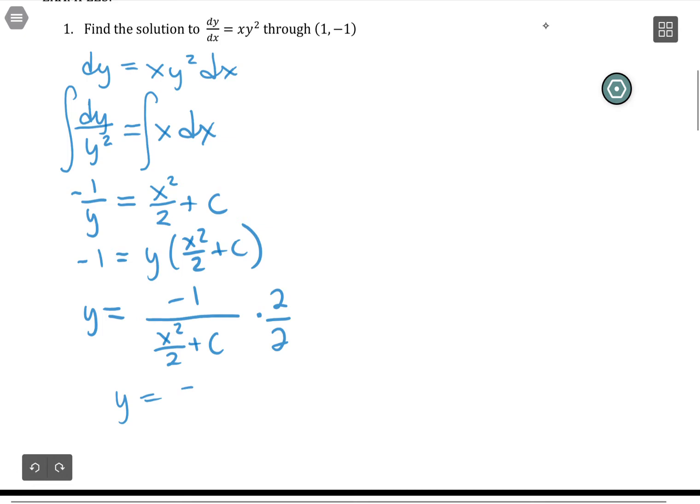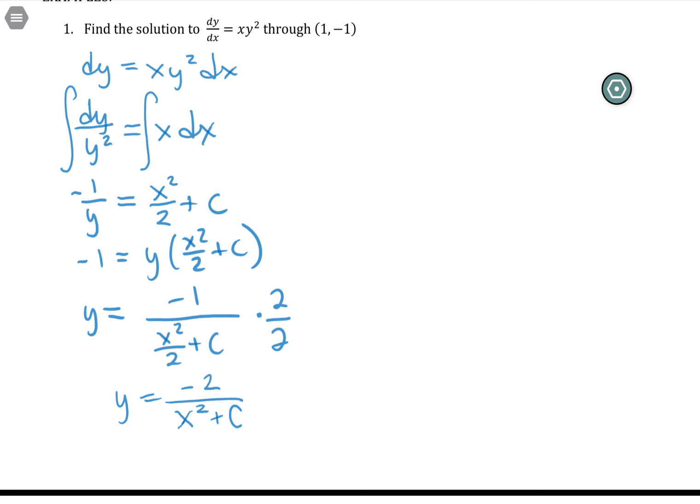So I get -2 over x squared plus 2c. And this is one of those places. If c can be any real number and then you double it, you've still got any real number as your possible c value. So you don't really have to change it. If you want to call it a different variable name, that's fine. But here it's identical. Arbitrary, any real number.